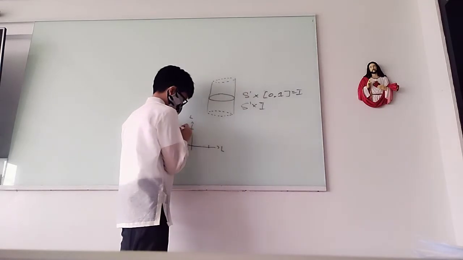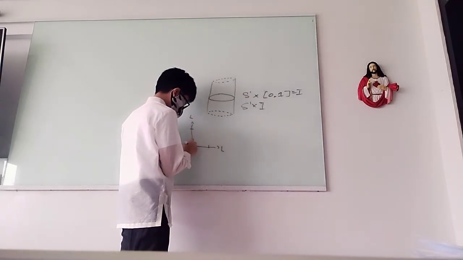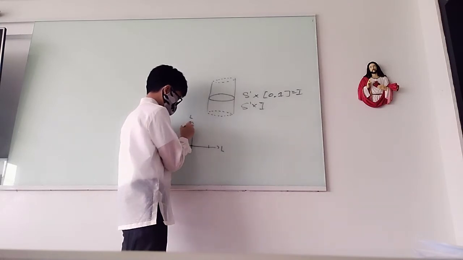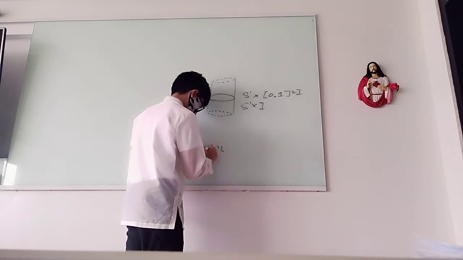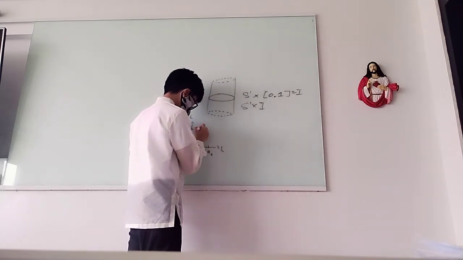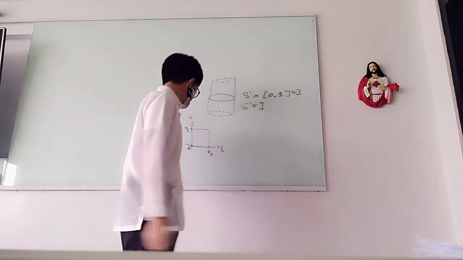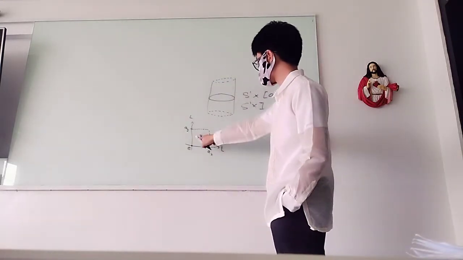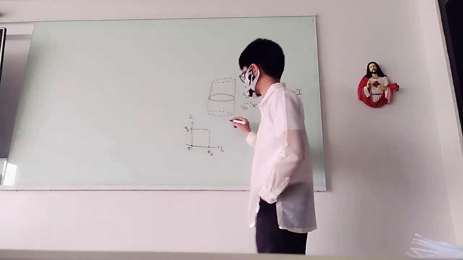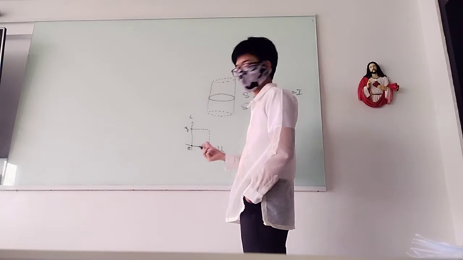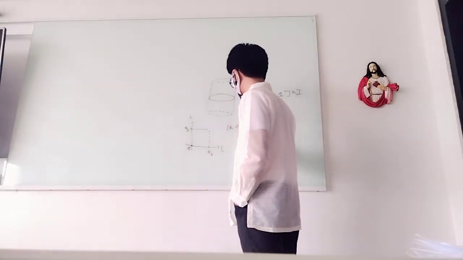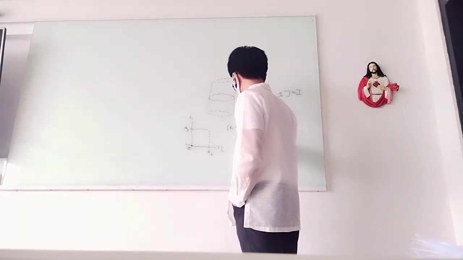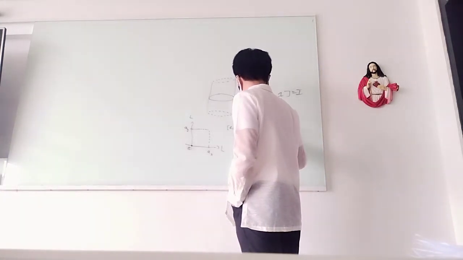So let's say the origin is E over here, and this is say AY, AX. Now, to extract this box, let's take the topological product between the interval E up to AY, cross E up to AX.